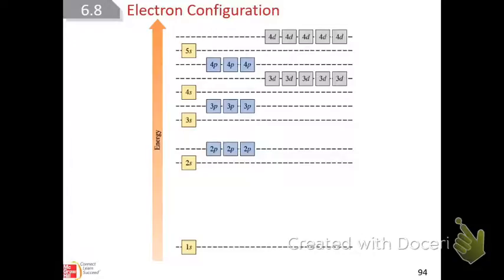Now, here are your 3 main rules that are going to govern how we write these in a few minutes. The first is the Pauli exclusion principle, which I've already touched on, that says one orbital can only hold at most 2 electrons.